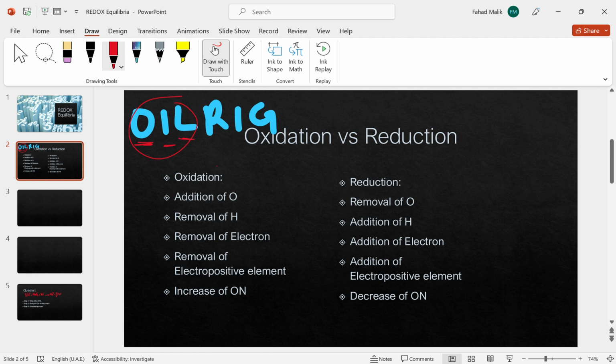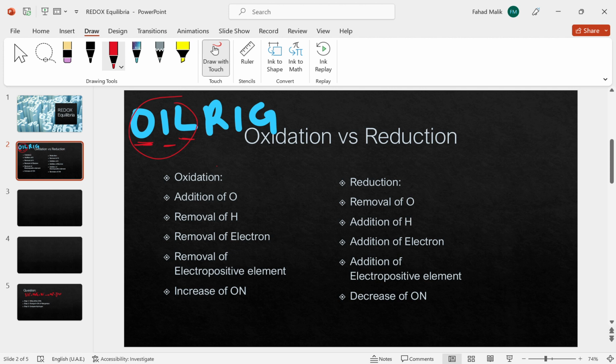So oxidation is loss of electrons, oxidation is loss of hydrogen. And as is evident from the name itself, oxidation is addition of oxygen. So basically everything is being lost, the only thing that's being added is oxygen. So it's very easy. OIL: loss of electrons, loss of hydrogen, and addition of oxygen from the name itself.